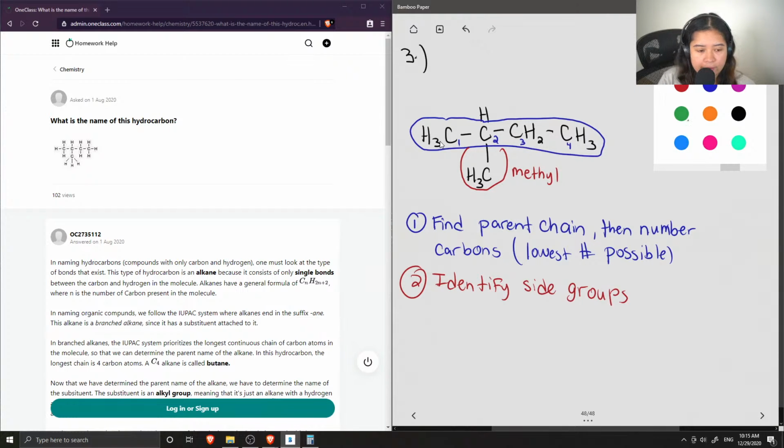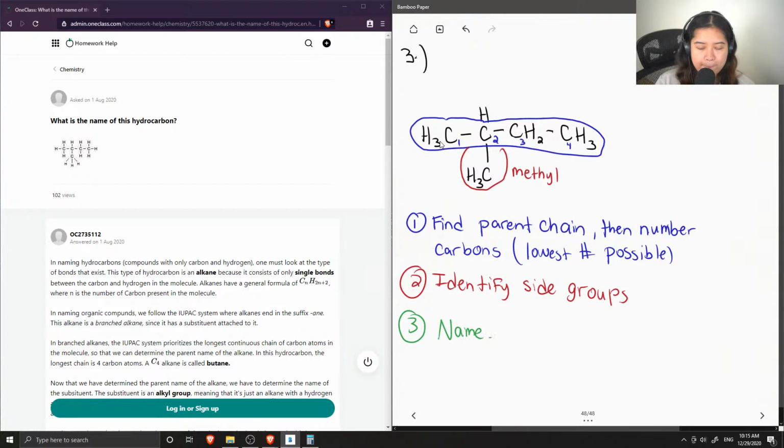And now we kind of have everything we need to name the compound. So we just name. So starting with the side groups first, I'm going to show that there is a methyl group on carbon 2. So the prefix is just 2-methyl. And then now I say my parent name.